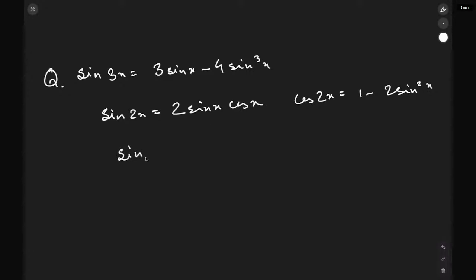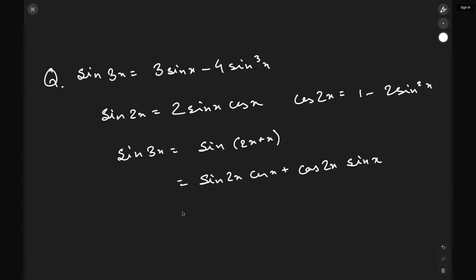So we can write sin 3x as sin(2x plus x). This can be written as sin 2x cos x plus cos 2x sin x. All right. Now this sin 2x can be written as 2 sin x cos x, and further we have in multiplication another cos x, plus this cos 2x can be written as 1 minus 2 sin square x, and there is a sin x in multiplication as well.